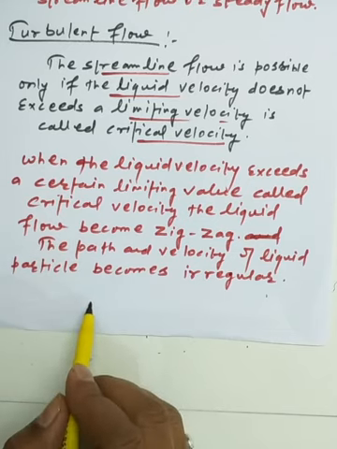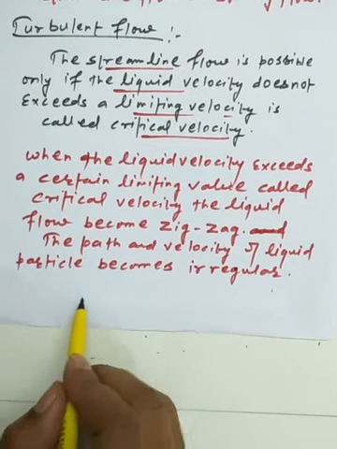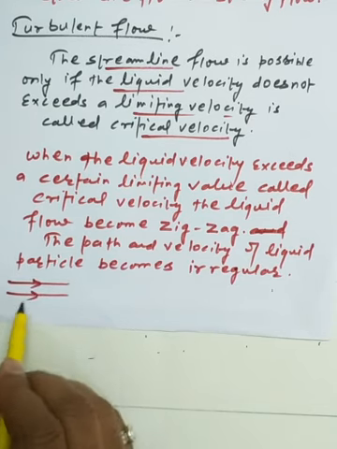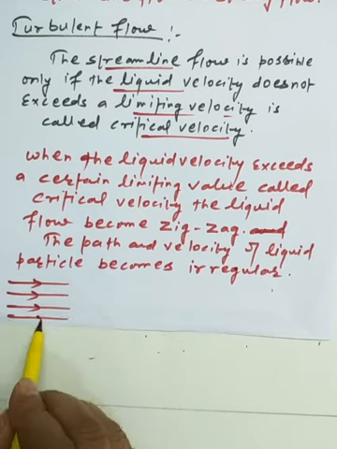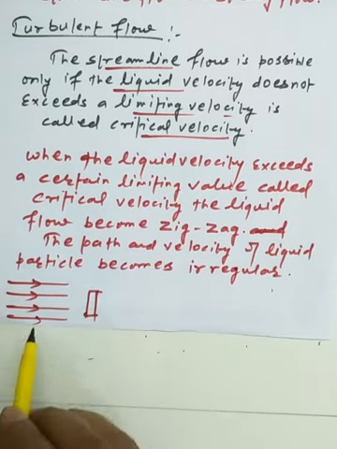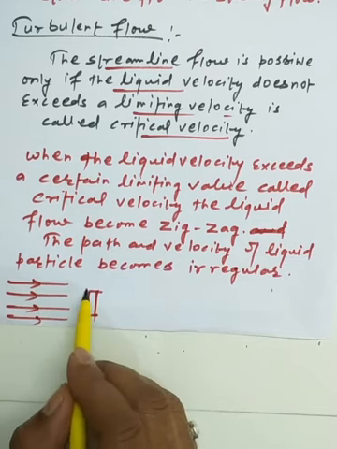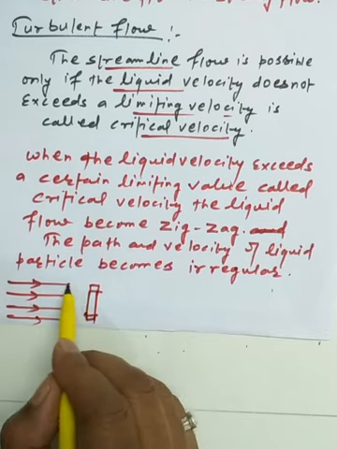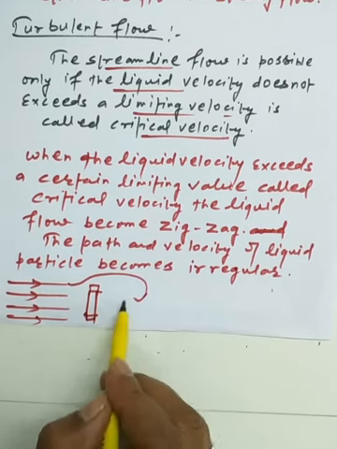So how can we create a turbulent flow? Suppose we are getting a streamlined flow, and we put an obstacle in the path of the water. This is the obstacle which I have taken in the path of the water. The streamline will strike this obstacle and make irregular movement in the form of vortices.